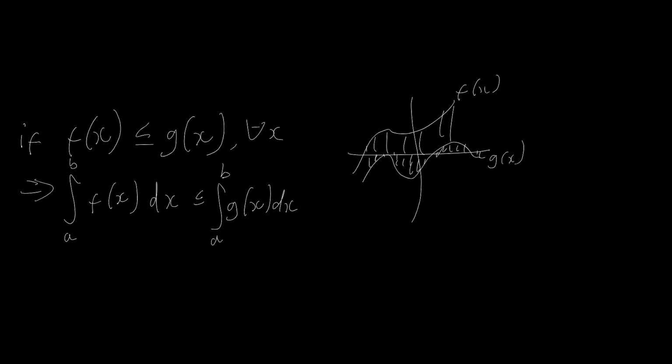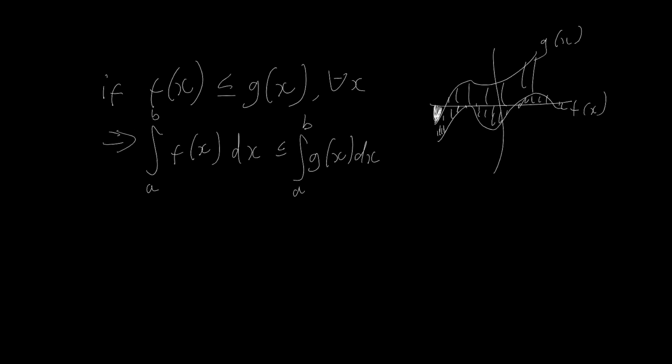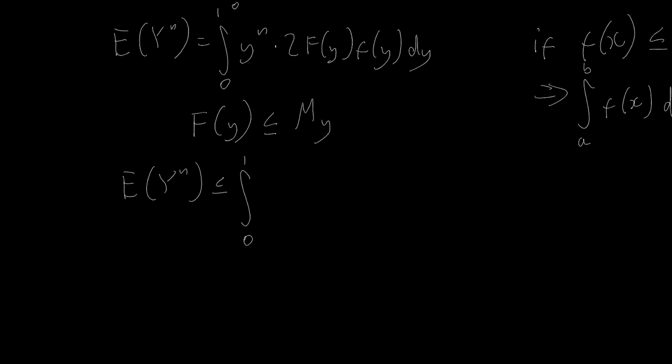This also works if it's negative, because, for example, in this area here... actually, I realize I should probably swap these around. That should be f and g. So that's g, that's f. You see that g of x has less negative area than f of x. So it's still true when the functions are negative. I guess that's that.